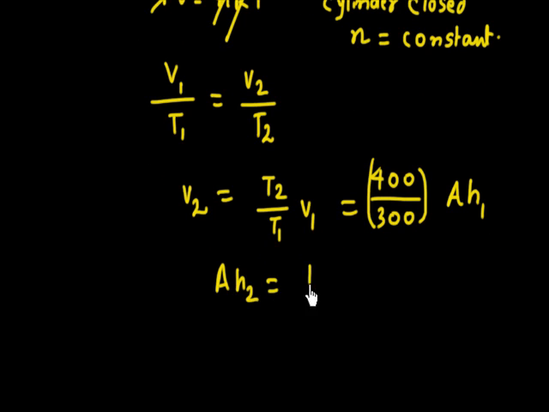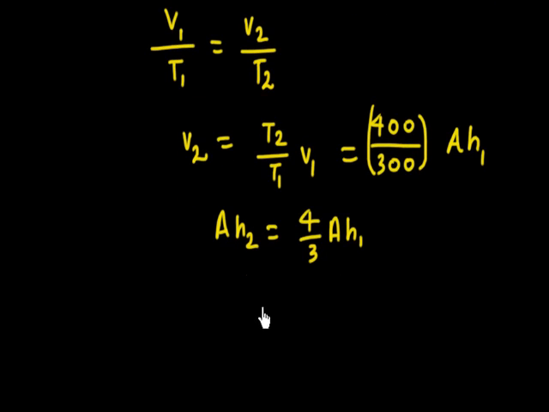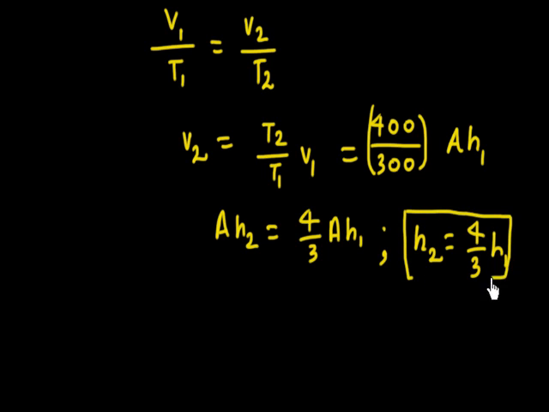So A times H2 is 4 by 3 A times H1. A cancels out, so H2 is equal to 4 by 3 times H1. The question gives H1 as 1 meter. So H2 is 4 by 3 meter.